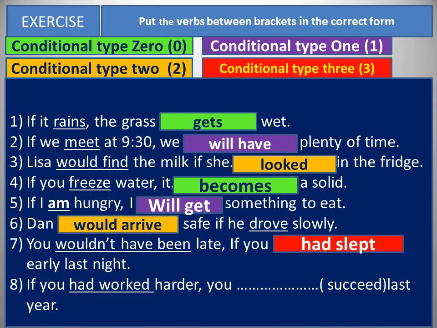Conditional type 3. Last example. If you had worked harder, and we have the verb to succeed last year. So what is your answer? If you had worked harder, you would have succeeded last year.